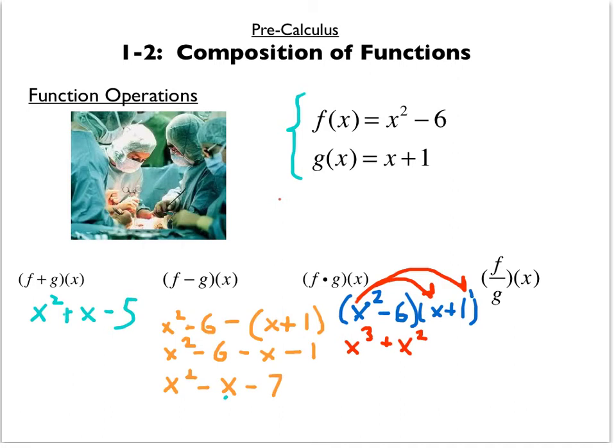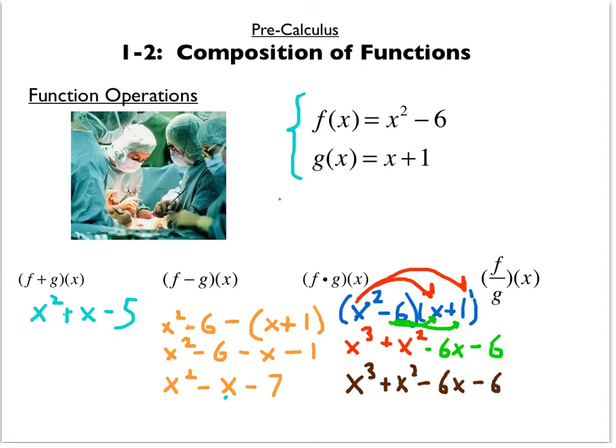And then going on to my next ones here, I do it with negative 6. So negative 6 times x is negative 6x, and negative 6 times 1 is negative 6. So therefore my final answer here ends up to be x to the third plus x squared minus 6x minus 6.